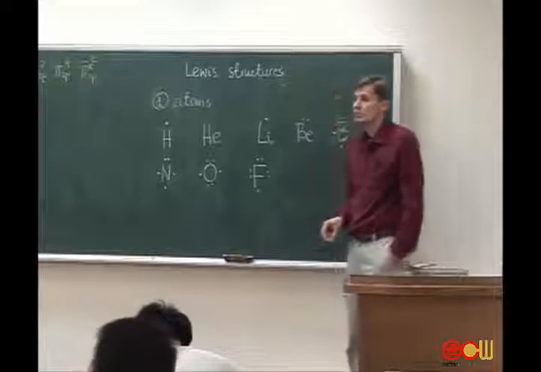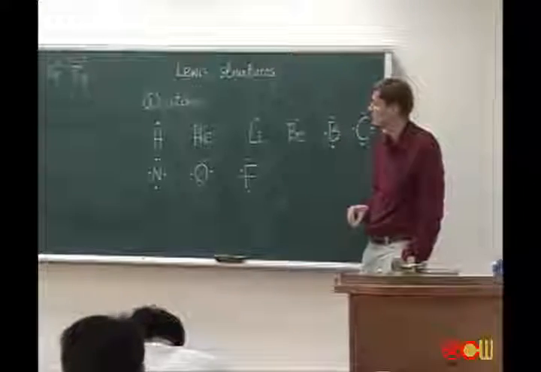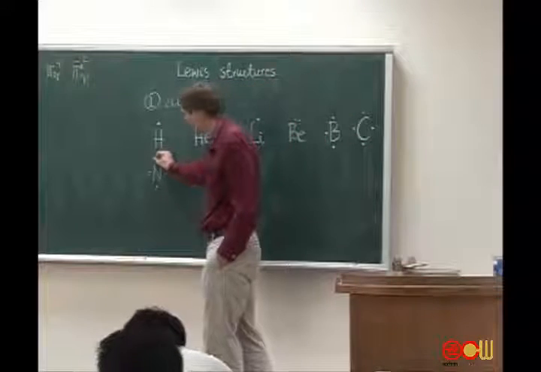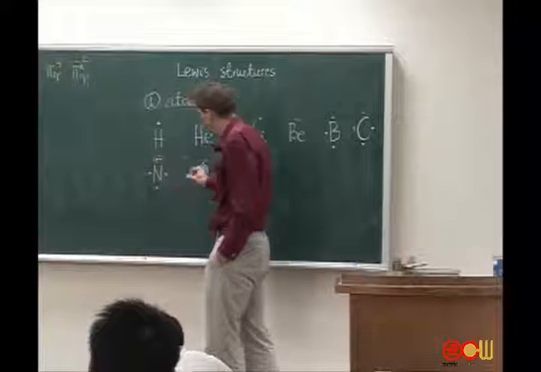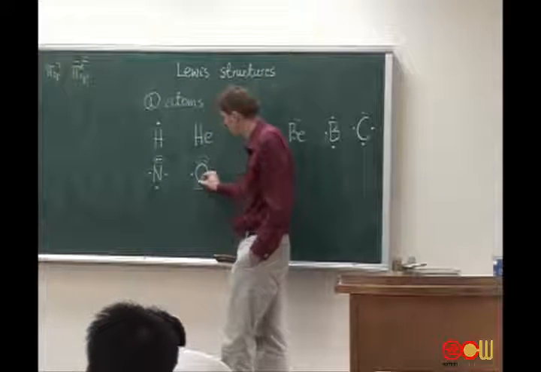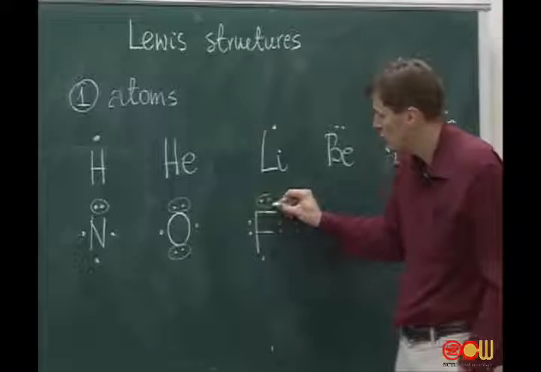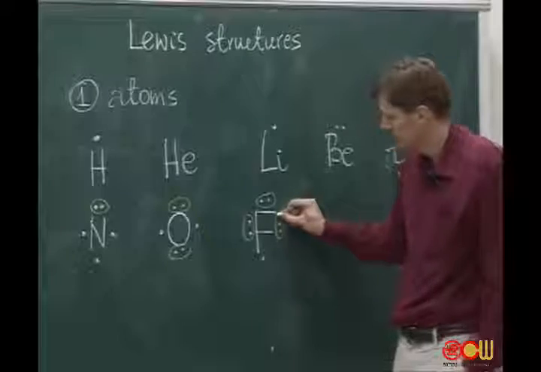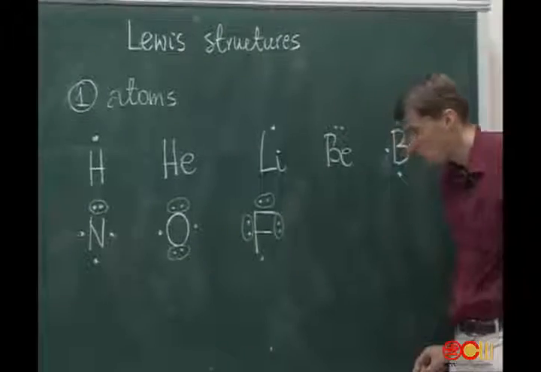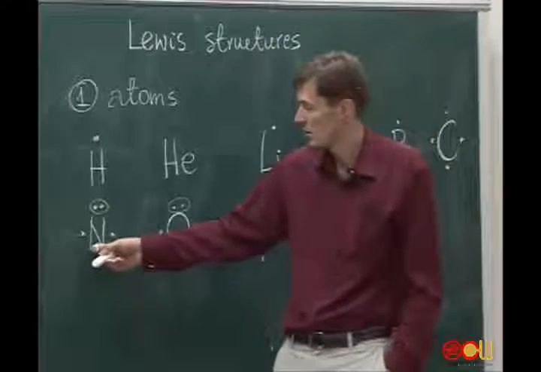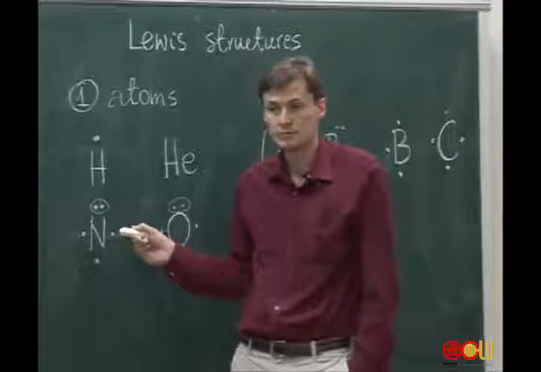Now, sometimes, like in the case of nitrogen, I put 2 of them together. In the case of oxygen, I put twice 2 of them together. In fluorine, 3 of them together. Why did I do it? Because in most cases, nitrogen can have 3 bonds.